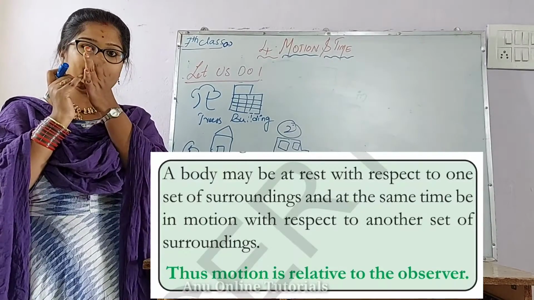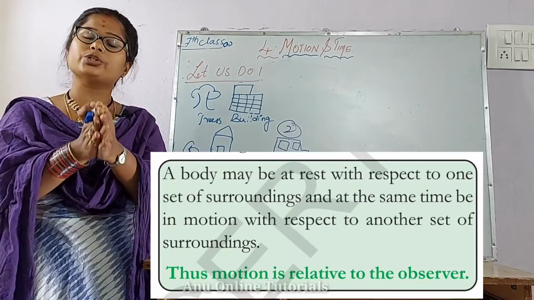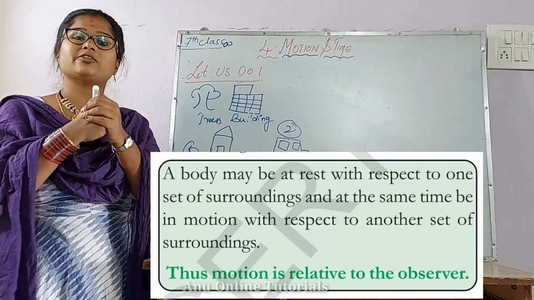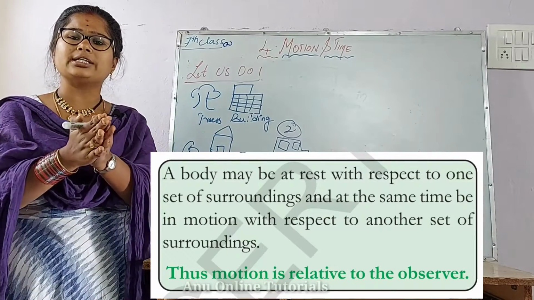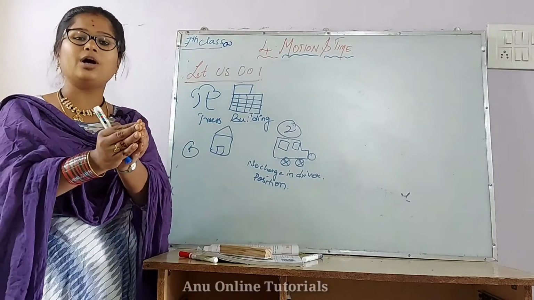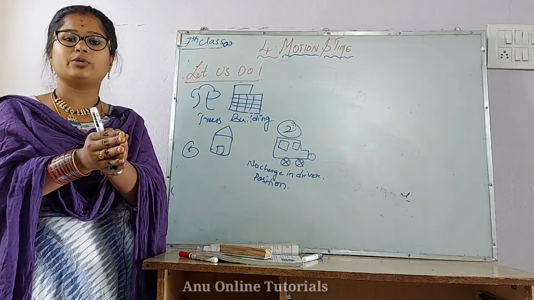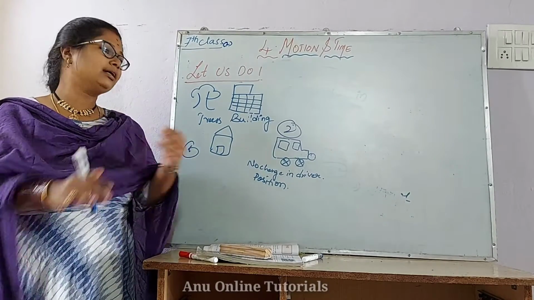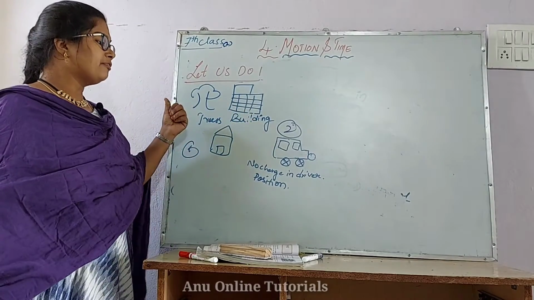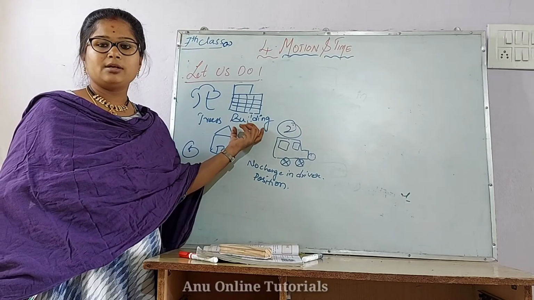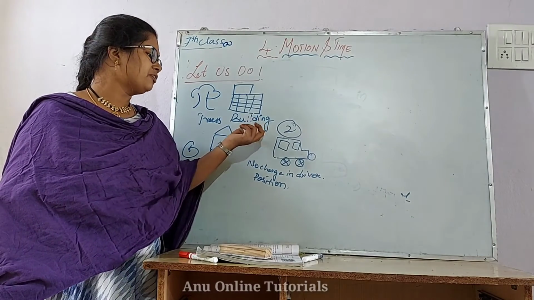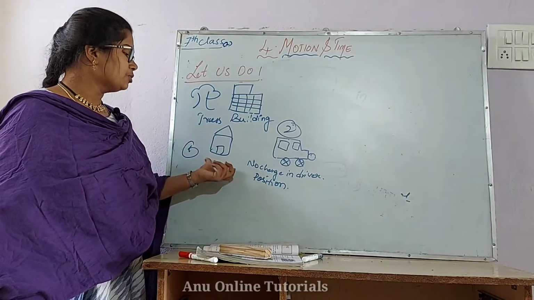At the same time, the body will be in motion with another set of surroundings. So here, what do you mean by another set of surroundings? Set means one all together, 1, 2, 3 or 4 together. Like if I take a building, I'll take the building with one set of surroundings like trees, houses and all.